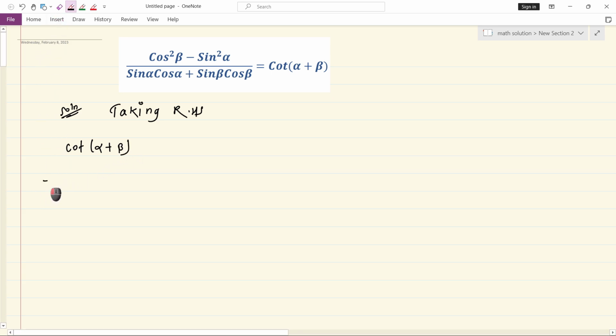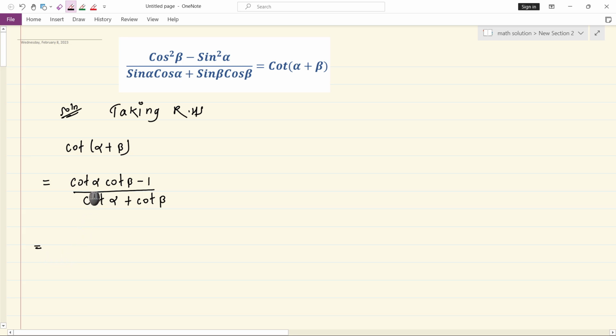For cot of alpha plus beta, we have the addition formula: cot of alpha plus beta equals cot alpha cot beta minus 1 upon cot alpha plus cot beta. So this is the formula that you are familiar with. So now let's solve it.